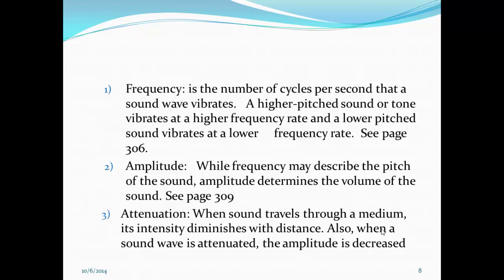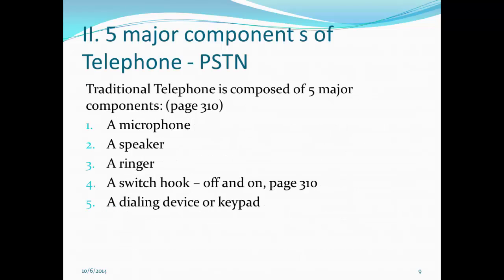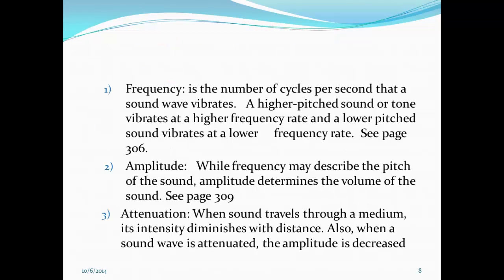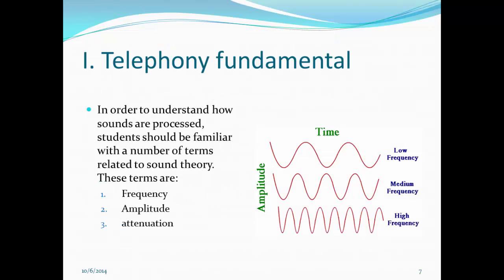Amplitude: while frequency may describe the pitch of the sound, amplitude determines the volume of the sound. As you can see in the previous slide, if you have a low amplitude, it's just low like that. If you have a high amplitude, it's usually like this. So amplitude can be said to be the volume of the sound.